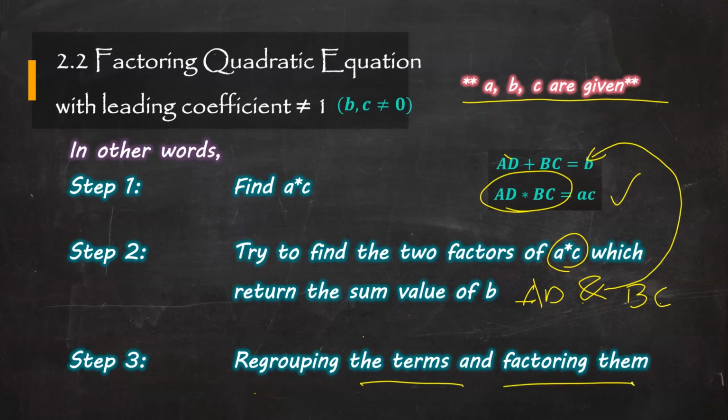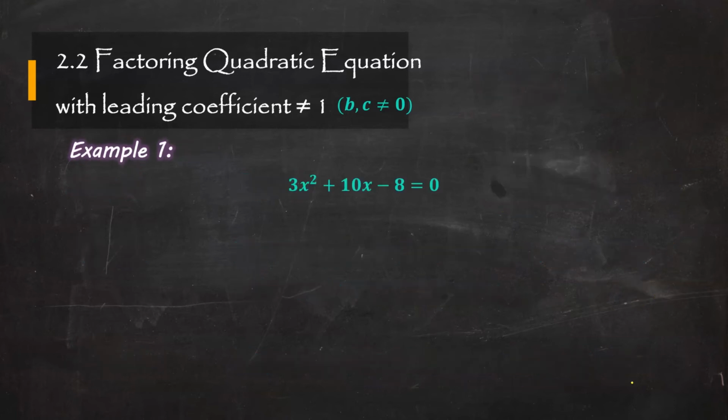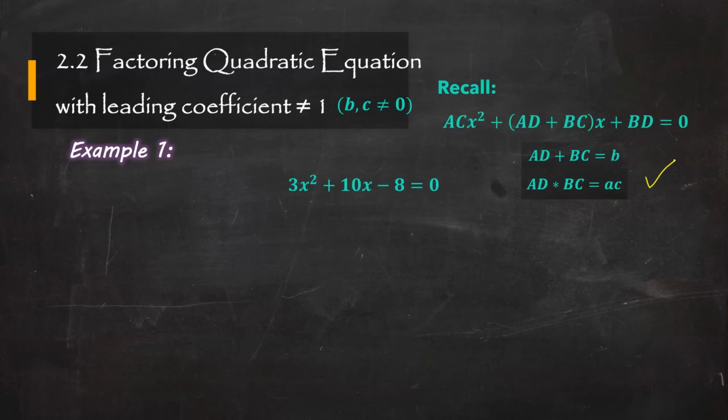So it sounds confusing, but let's do an example. So our first example is we have 3x squared plus 10x minus 8 equals 0. And here are the equations that we're going to solve. And this is the general expression for the quadratic equations in terms of those uppercase A, B, C, D. Okay, so now what is b? So our b is going to be 10.